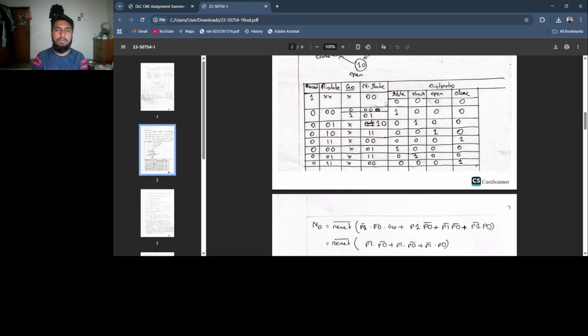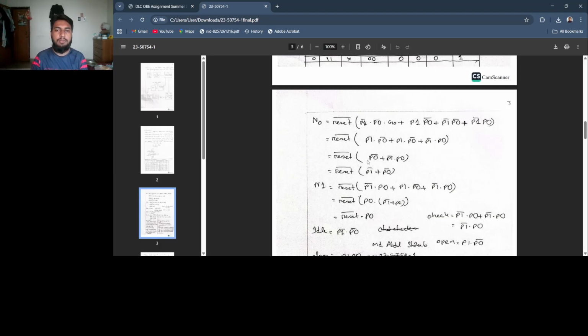When I choose n0, in the row I see there is a 1, and I see which column has the 1, and I choose this column's present state. I make the equation for n1 the same as n0.